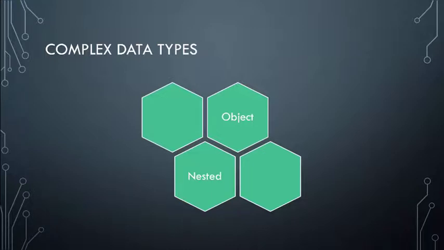Objects, either single or nested, are a collection of key value pairs where the value can be any of the other data types that we just mentioned. Or it could be an object in itself, which is another collection of fields.